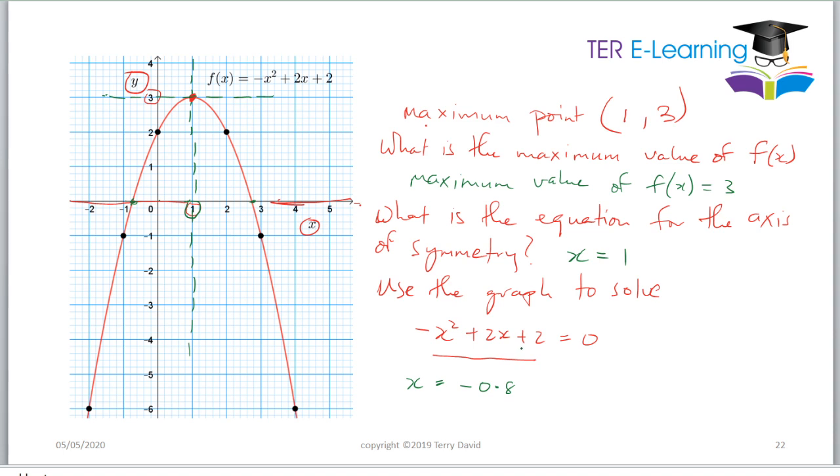I know it might be a little difficult to read off on the screen, but make sure you understand where I'm reading it off. And the second value is x equal to, looking at this point here, around 2.8. So it's a matter of reading off these points on the graph.